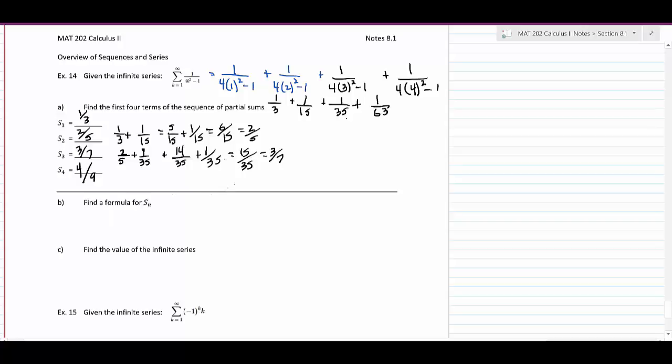So if you look at this, what's the numerator? What would the numerator be in your formula? It'd be n, exactly, because that is what it is: 1, 2, 3, 4. So your formula is definitely going to have an n in the numerator. Now, the denominators are odd numbers.